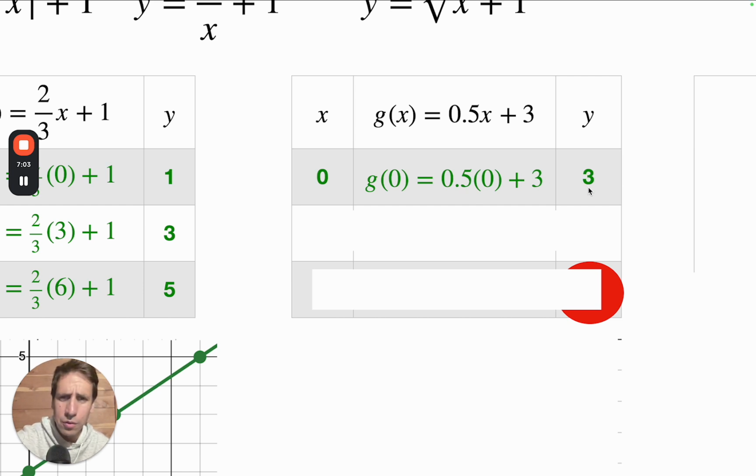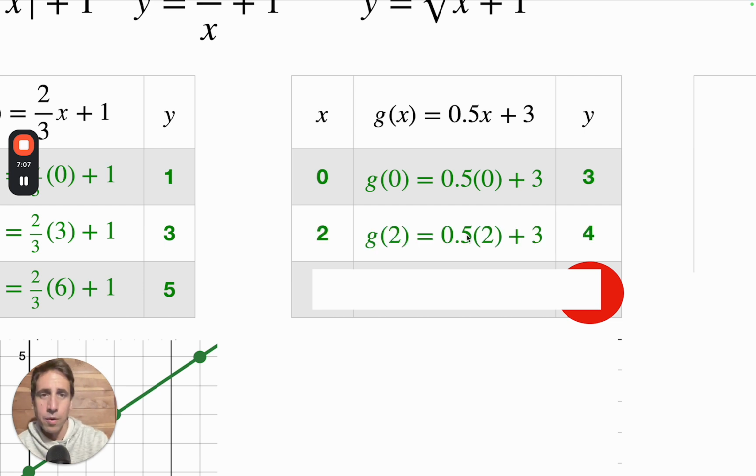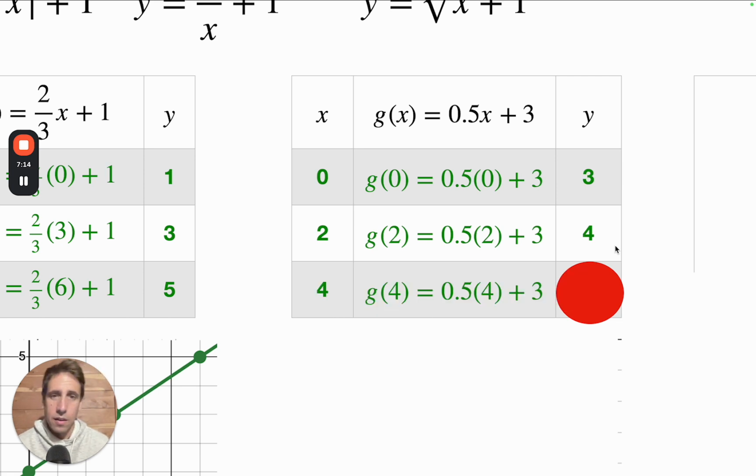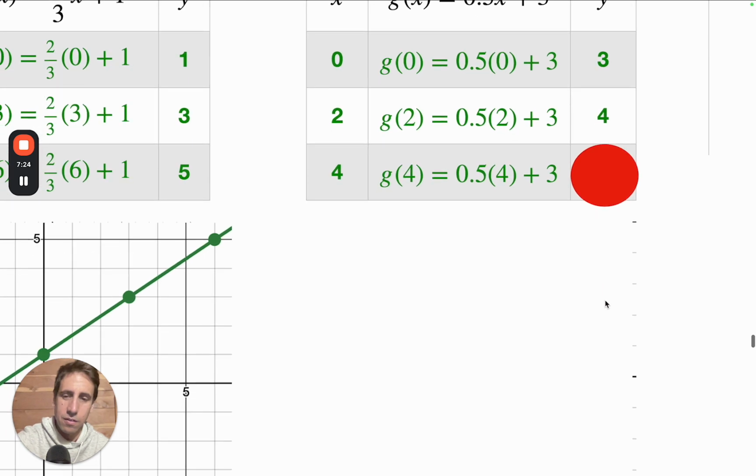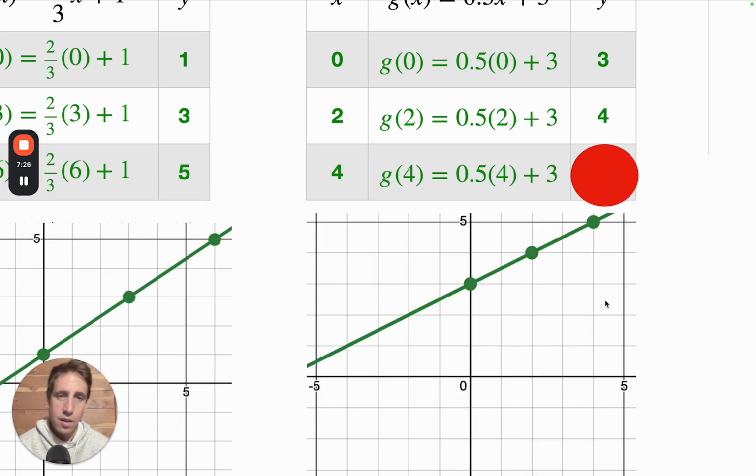I could go 0, 1, 2, but I think I'm going to go 0, 2, 4. Because when I multiply 1/2 or 0.5 times 2, you just get 1. 1 plus 3 is 4. And then here, g of 4 means 0.5 times 4, which is half of 4, which is 2. And then 2 plus 3, you can figure out what that is over there underneath the red dot. But anyway, you can plot the points, connect the lines, and there it is.